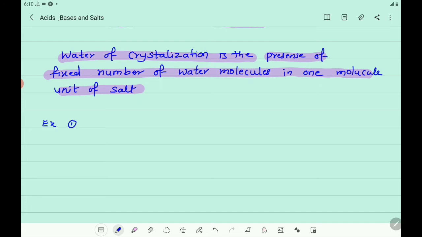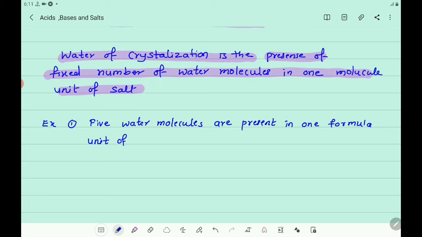One example is that 5 water molecules are present in 1 formula unit of copper sulphate.